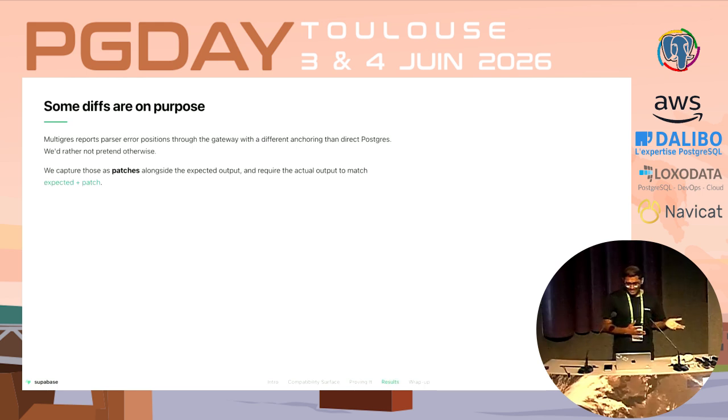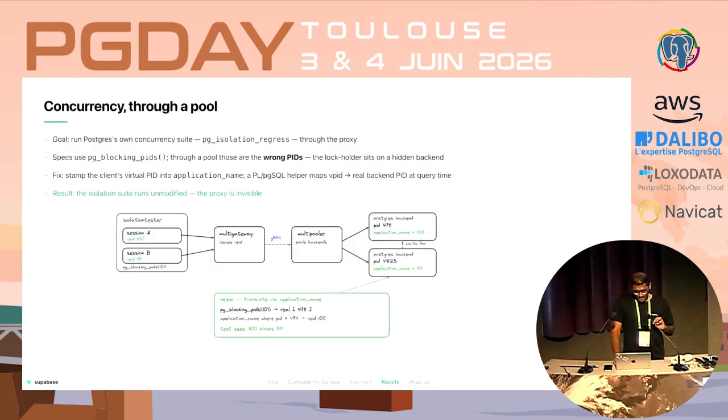We could fudge it to match, but we thought this is something we would just live with. We capture those things in patch files, which we apply onto the result when we do the regress and isolation matchup, so that we are very intentional about what the diffs are and where we are deviating from the Postgres behavior.